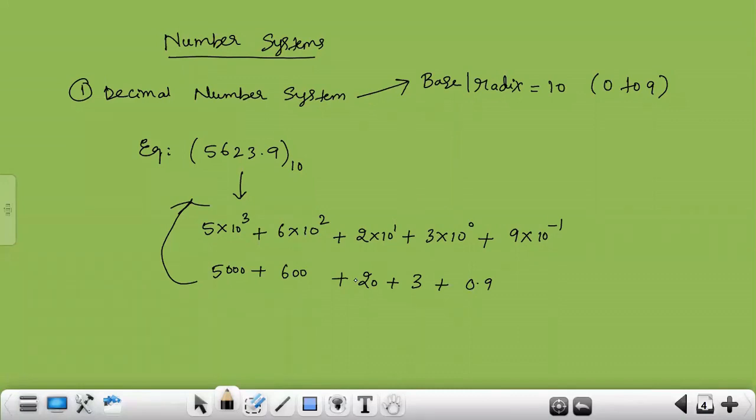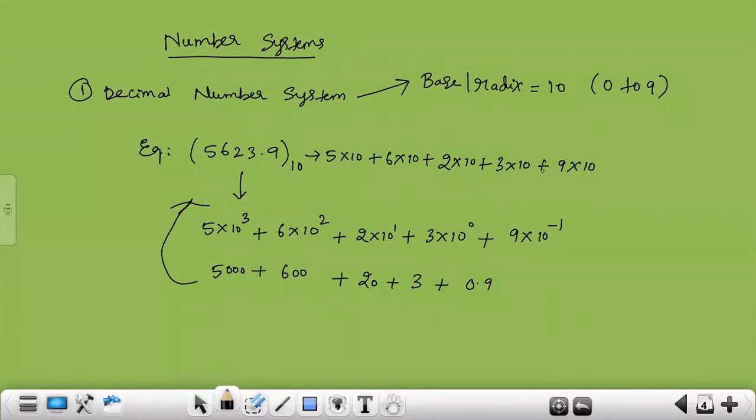Here I know this is 5623. I have written 5000, which means 10 power 3. So the same thing I can write as 5 into 10 plus 6 into 10 plus 2 into 10 plus 3 into 10 plus 9 into 10.